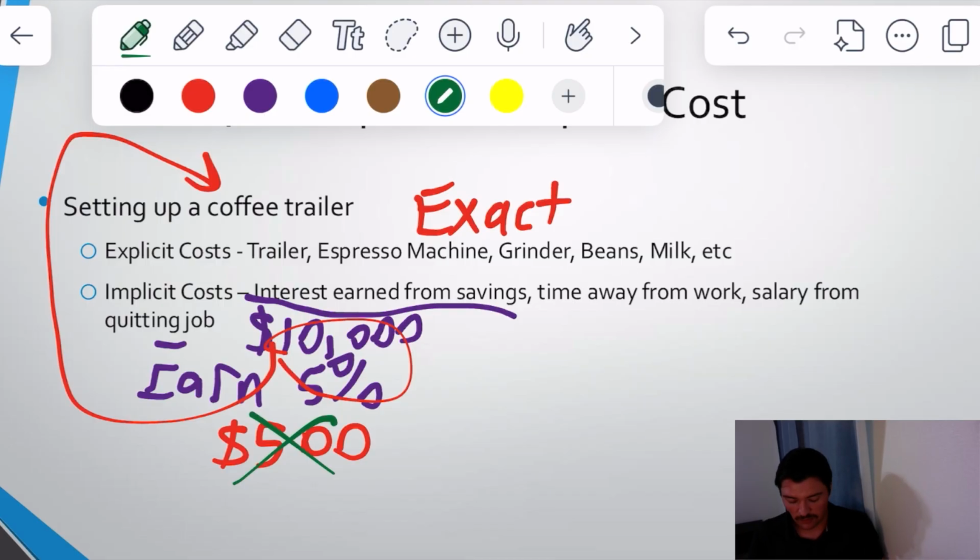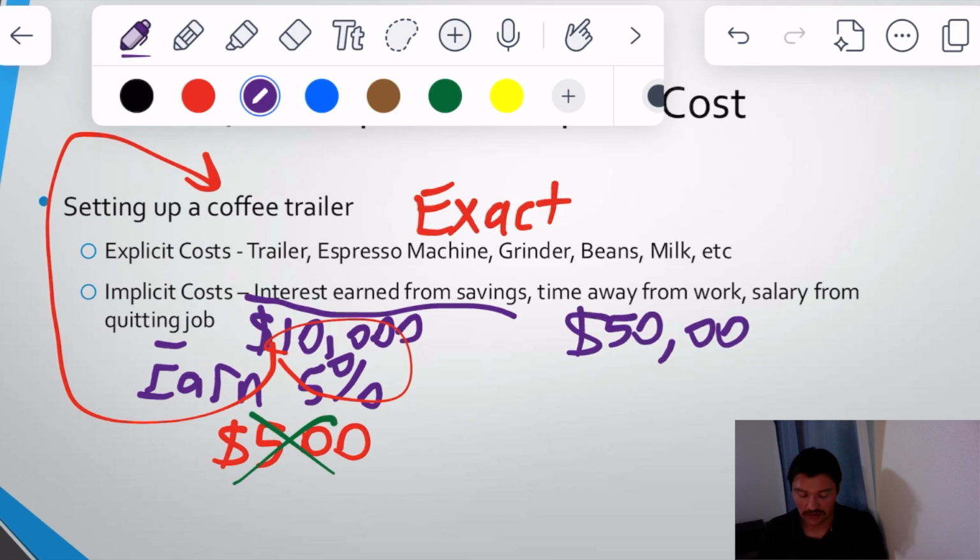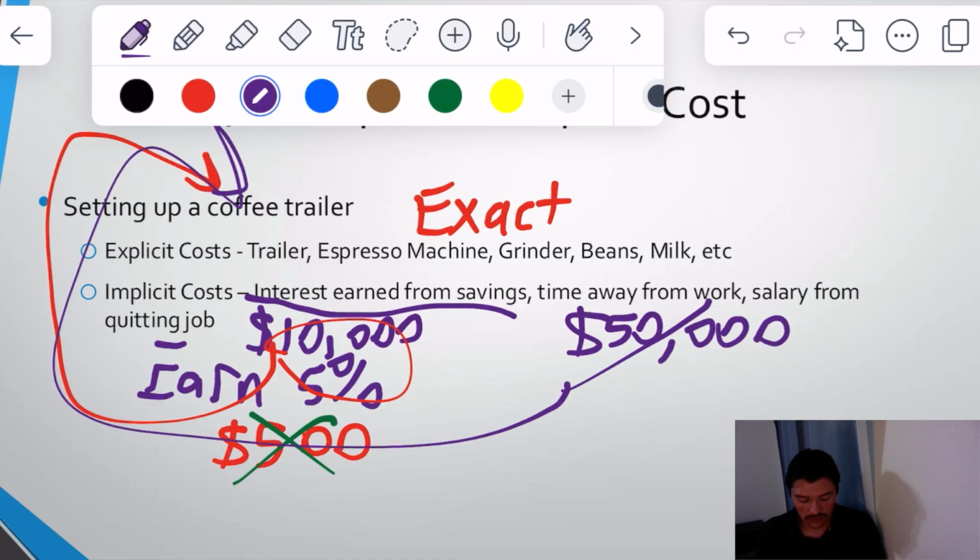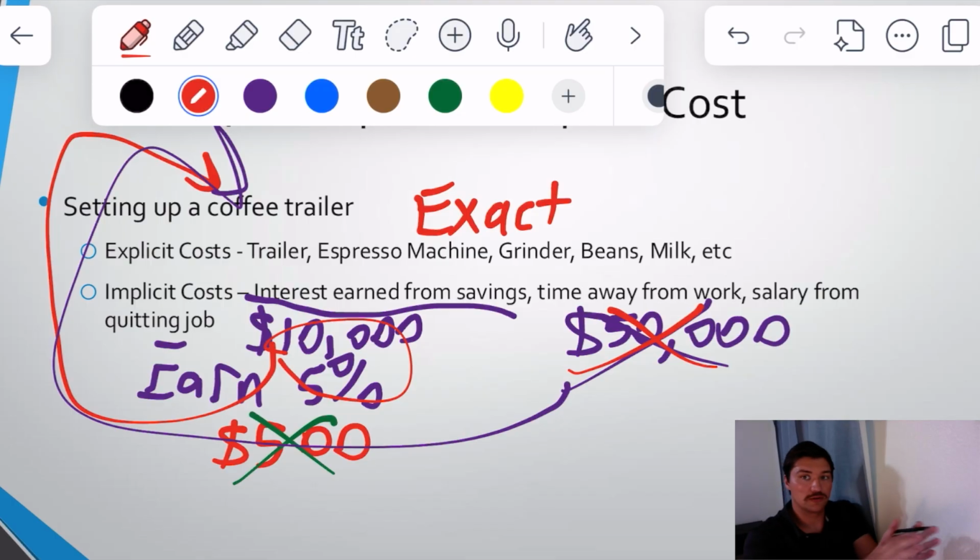Another thing would be time away from work or salary from quitting your job. So basically, let's say you had a job earning $50,000 a year and you went to do the trailer. You're no longer working at this job. You are giving up on the $50,000 to do the trailer. Again, because you're doing the trailer, you're giving up on your other job here.